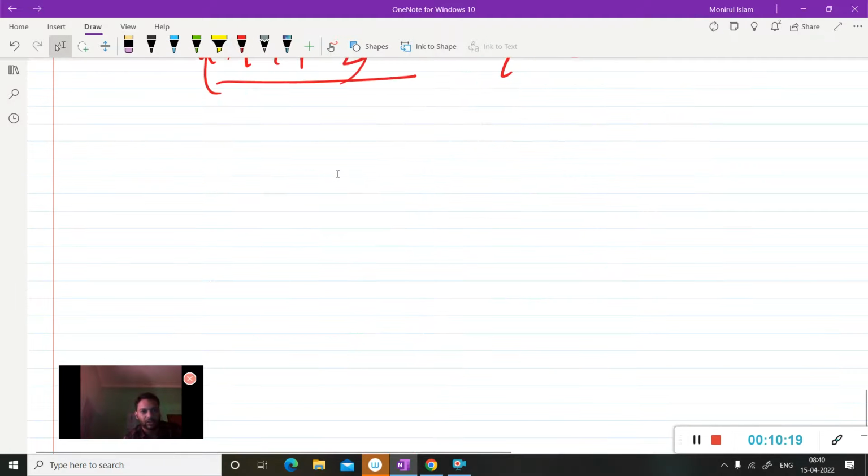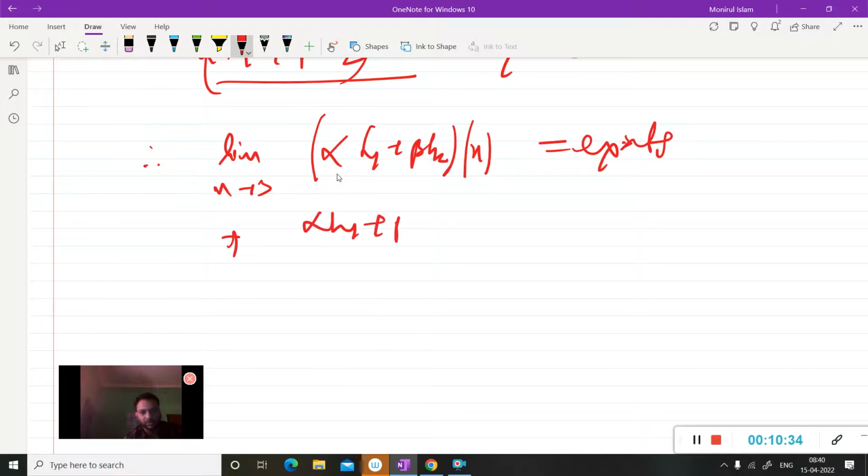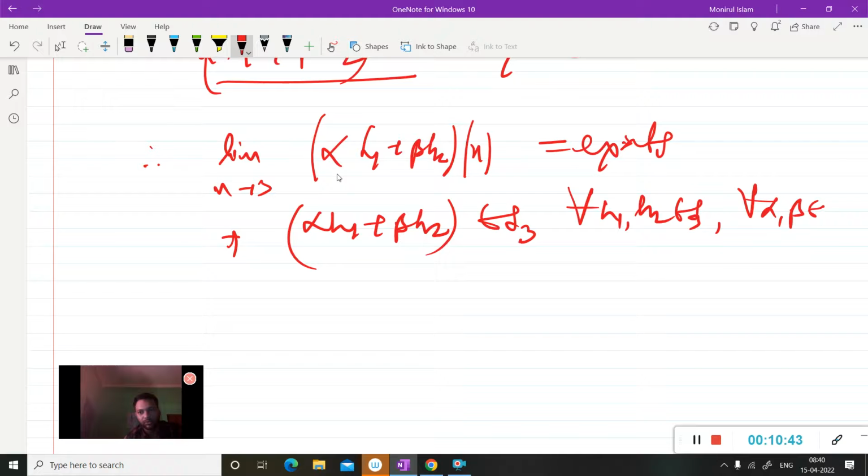So you can say the limit x tends to 3 of alpha h1 plus beta h2 exists, and since this limit exists, alpha h1 plus beta h2 belongs to S3, right? For all h1, h2 belonging to S3, and for scalars alpha, beta belonging to the field R. Okay, so S3 becomes a vector subspace.